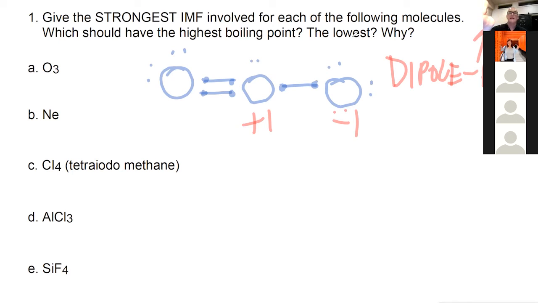Okay, now neon, that's pretty easy to draw, right? Done. So what sort of intermolecular force will we see with neon?